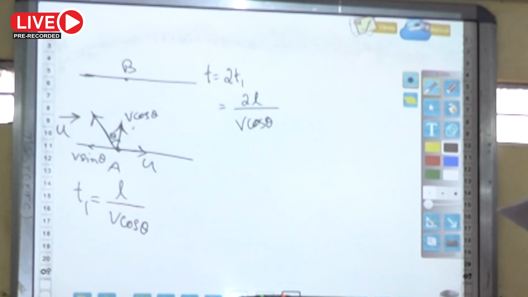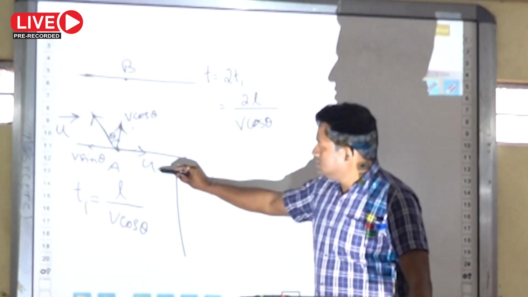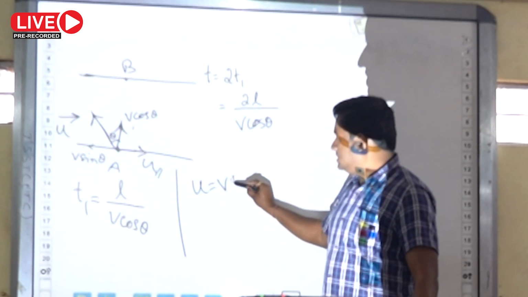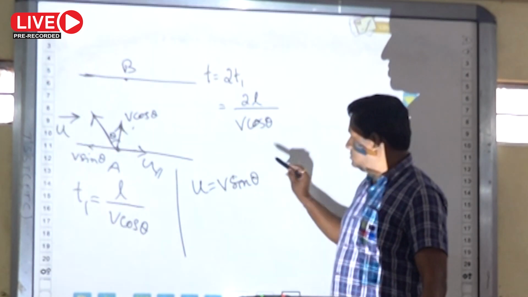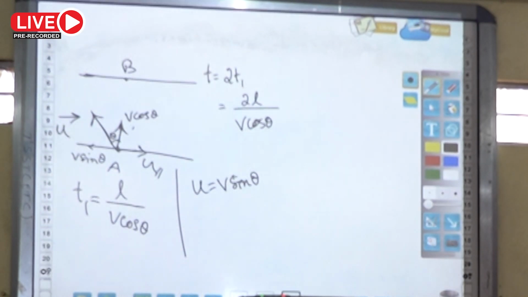Now you have to replace cos theta. From this equation you can find the value of cos theta: u equal to v sin theta. That means for balancing the horizontal speed of the air, a component of the velocity of the aeroplane is used, that is u equal to v sin theta.